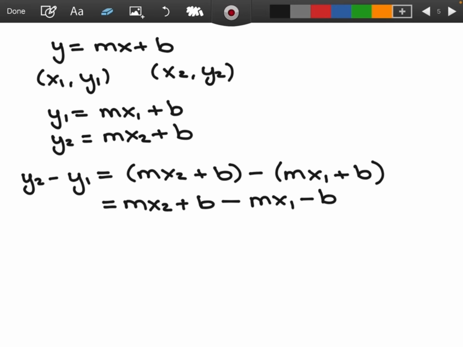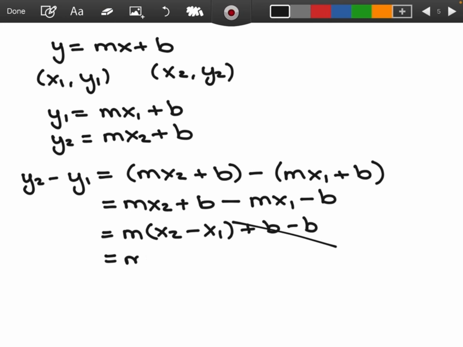I'm going to rearrange this and put all of my x terms together, so all of my x sub 2's and x sub 1's, and then draw out the m and put the b's together. So I can also write this like this. To start with, I've got plus b minus b. So that's actually going to cancel out to 0, which leaves me with m multiplied by x2 minus x1.